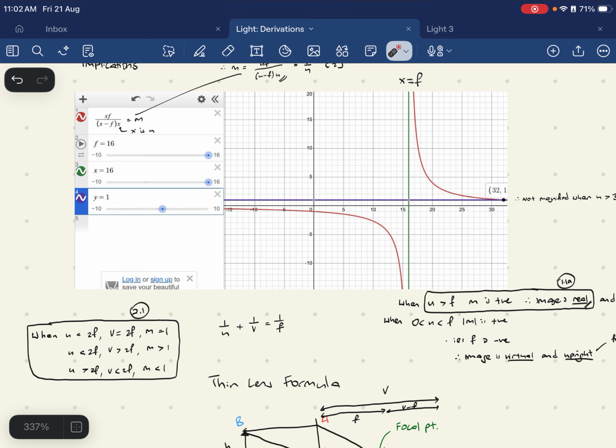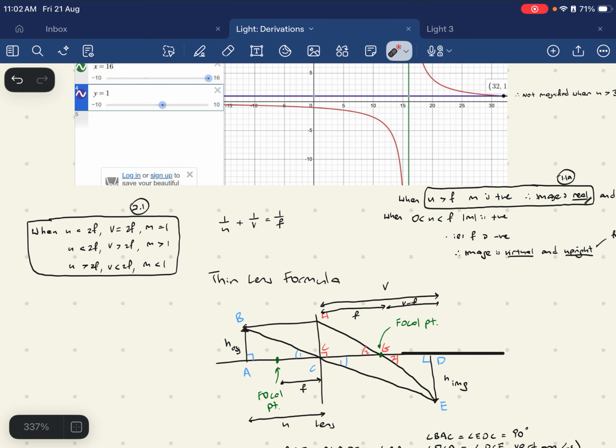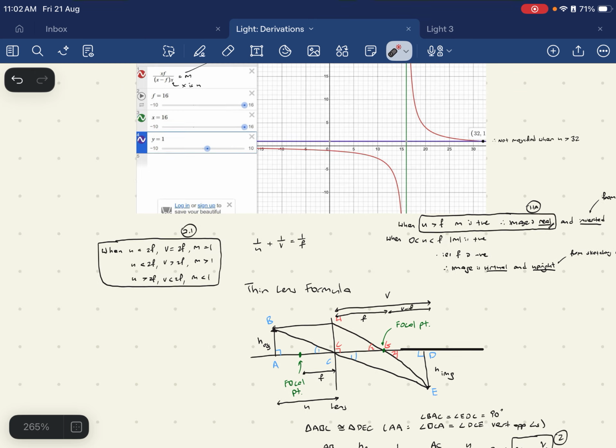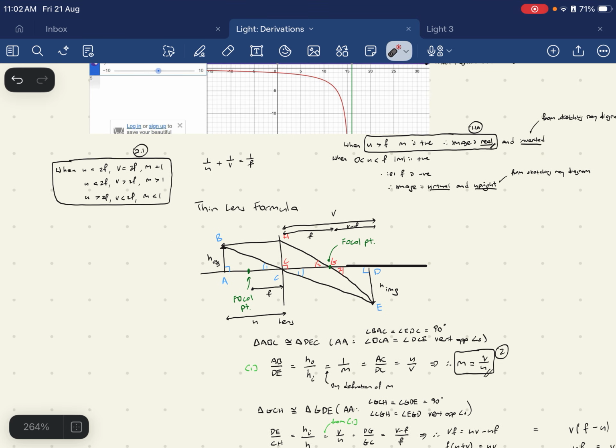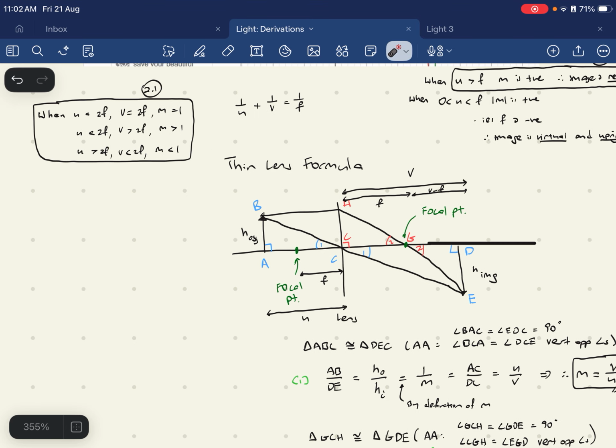And u in this case is x, is positive. So in order for magnification to be negative, it must be the case that v is negative. So what does that mean to say that this thing is negative? Well, it just means that it goes on this side of the x-axis. So in other words, if it's on this side of the x-axis, then what you get is a virtual, upright and magnified image.